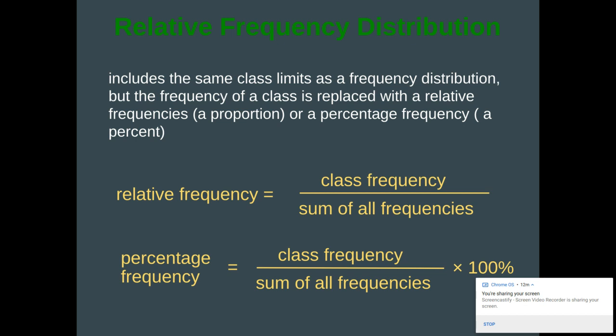The difference is that instead of putting a physical count or a frequency, we are going to figure out a percentage or proportion of the total data values that occurred in that class. And to do that, it's really easy. To find the relative frequency, you're going to take the frequency in that class and divide by the sum of all frequencies, or the total number of data points.